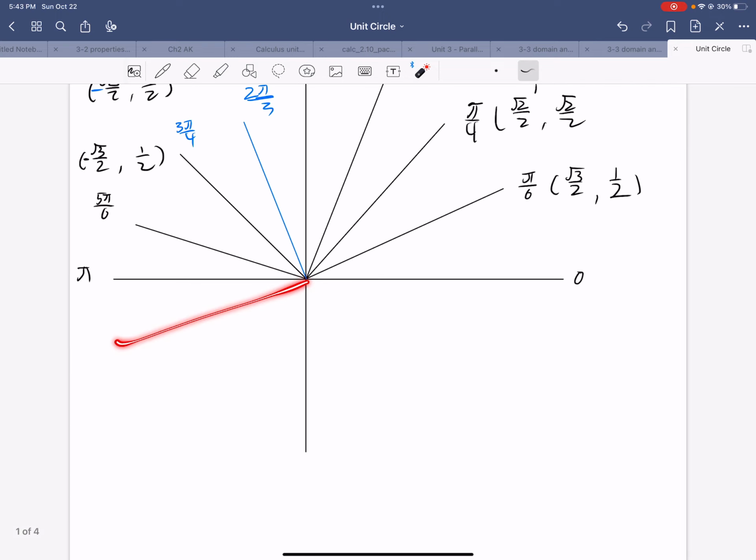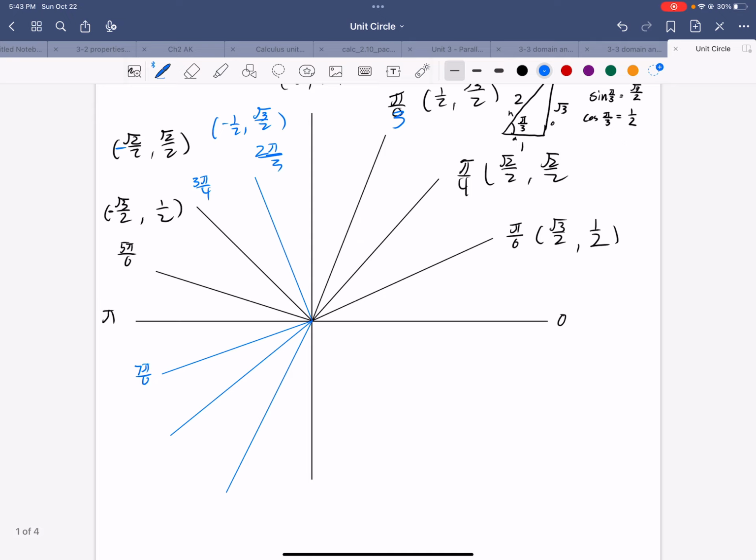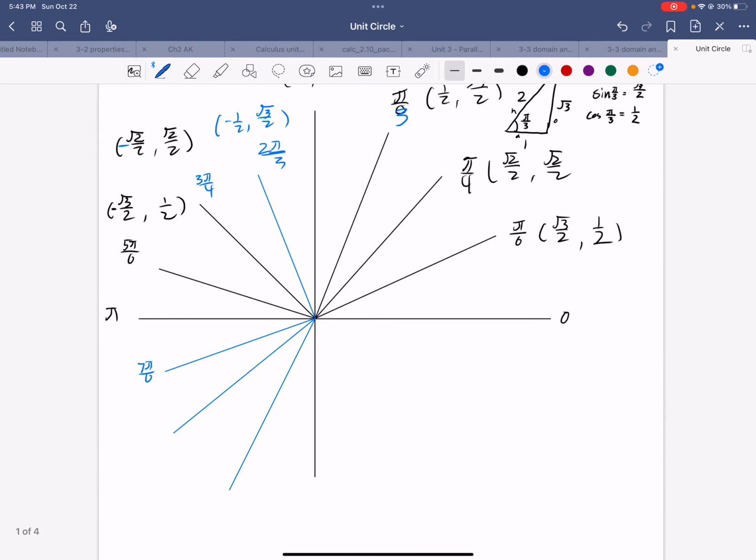So these are what you really need to know, like top part. But after this, it's gonna be same thing. So you know what? To make it easy to understand, let me draw the 3 lines first. So that's a 30 degree after pi, so it's gonna be 7 pi over 6, and that's after this one, so it's gonna be 5 pi over 4.